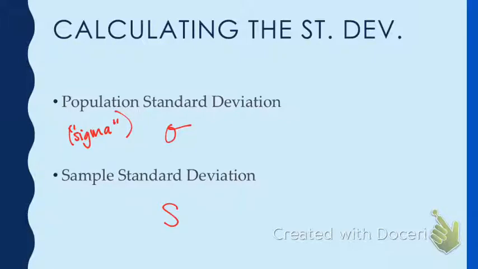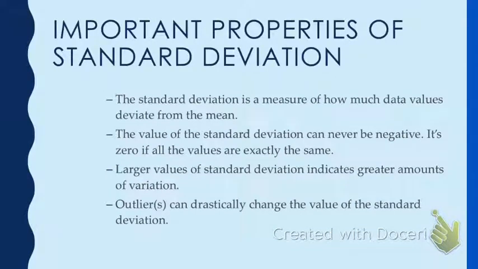So a few important properties. You already have this one written down, so if you want to skip it, you can, but it's just how much the data values deviate from the mean, how far away they are. The value of the standard deviation can never be negative because we're talking about distance, so it's always its absolute value.